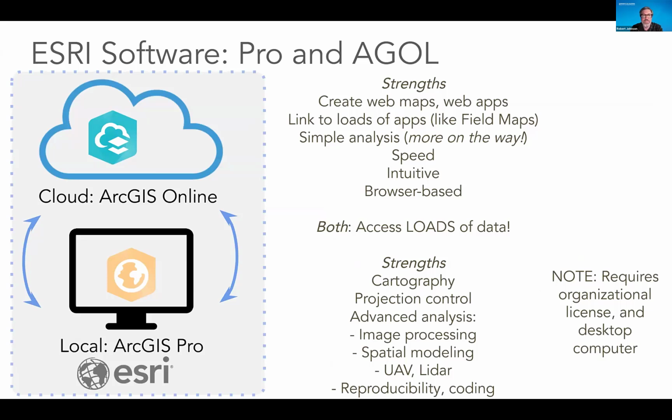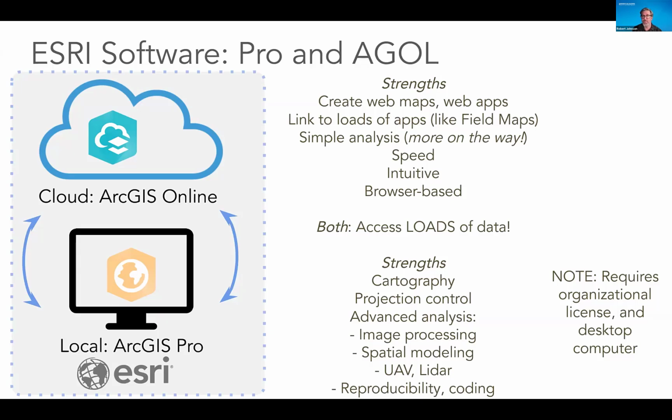Okay, a brief overview of the cloud and desktop-based environments here in the Esri suite. You have ArcGIS Pro, which is your desktop environment, and ArcGIS Online, which is the cloud-based counterpart to that. Both of them can do things like create web maps, web apps, and do analysis.